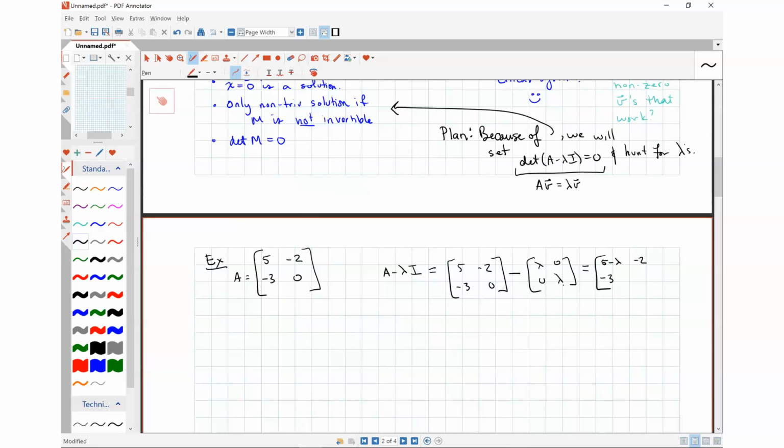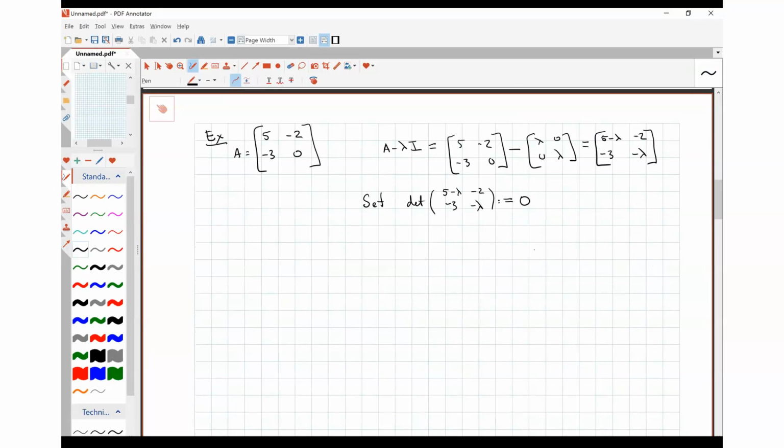The last one is 0 minus lambda. And so now we're going to take the determinant of that and set it equal to 0. Okay, so we compute this determinant. We're going to get (5 minus lambda) times (minus lambda) minus (negative 2) times (negative 3), which is positive 6. And if you work this out, we get lambda squared minus 5 lambda minus 6.